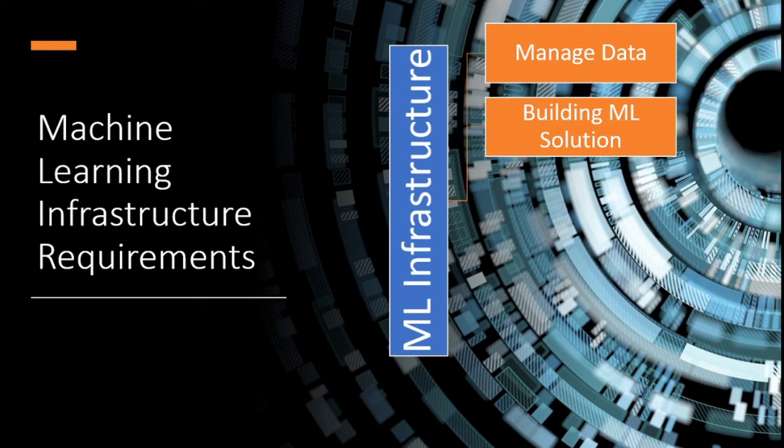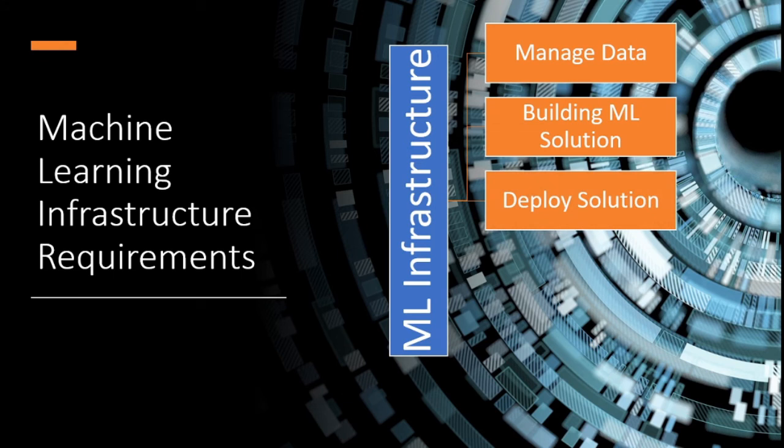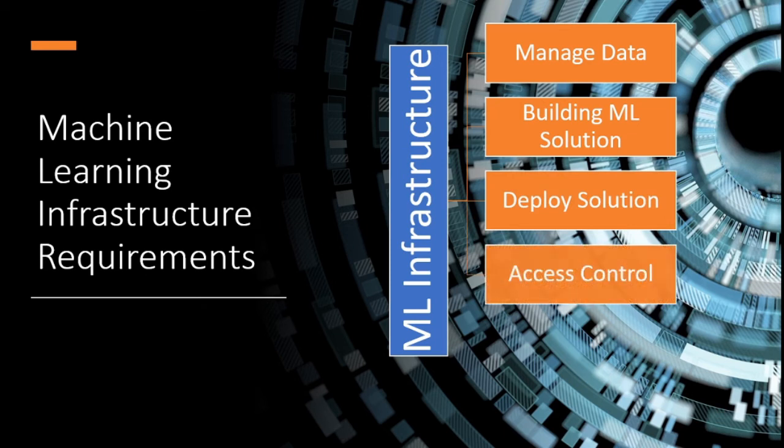That is what we call a workspace, to build the machine learning model and run experiments. Soon after, we need to deploy the solution to use the full capabilities of the application. Then again, we need to be able to manage access to the solution, likewise giving keys so that only authorized users can access our machine learning solution.